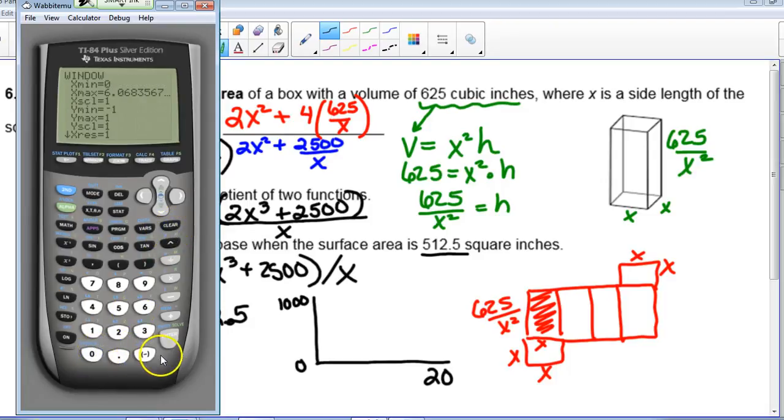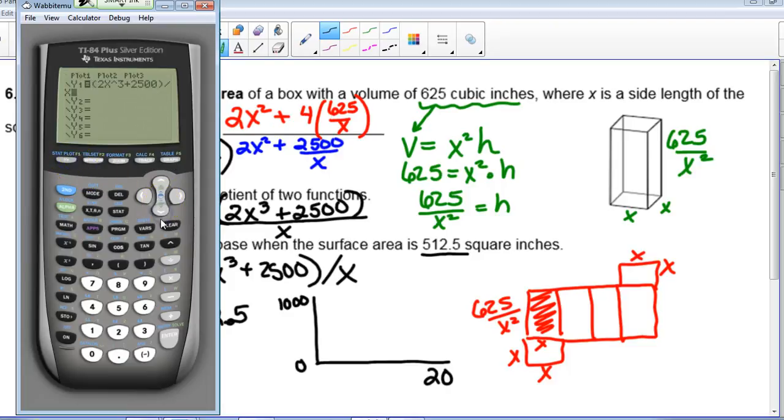So for x's, I tried 0 to 20. Maybe that's not far enough out. I don't know. And for y, I did 0 to 1,000. Now you good? Are there two solutions, guys? Did I not put in my y2?